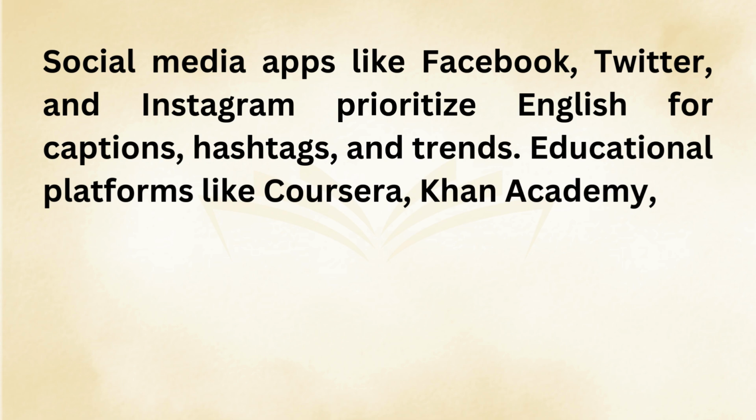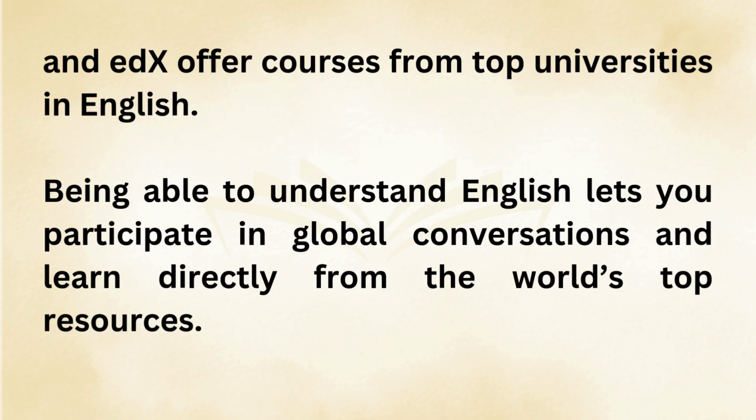Social media apps like Facebook, Twitter, and Instagram prioritize English for captions, hashtags, and trends. Educational platforms like Coursera, Khan Academy, and edX offer courses from top universities in English. Being able to understand English lets you participate in global conversations and learn directly from the world's top resources.